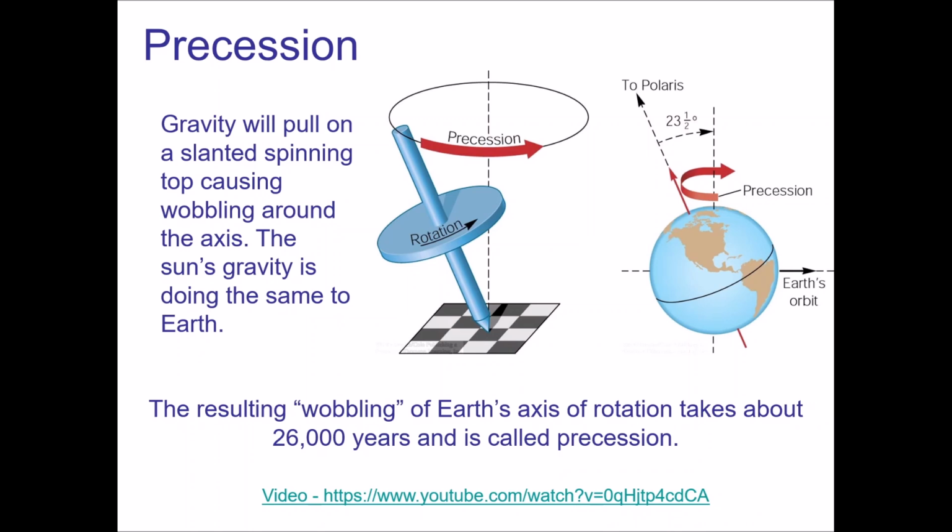Doesn't change the amount of tilt, but it does change the direction of the tilt. And the reason that was important for us earlier is because it caused different things in the sky to become the pole stars. Right now, we're pointed at Polaris. 5,000 years ago, we were pointed at a star called Thuban. So that shifts over time, and that's the reason I brought it up.